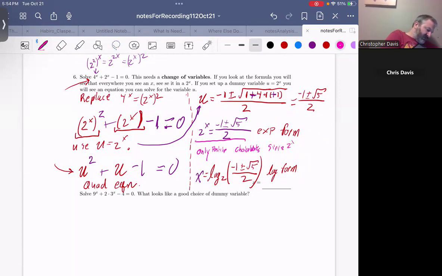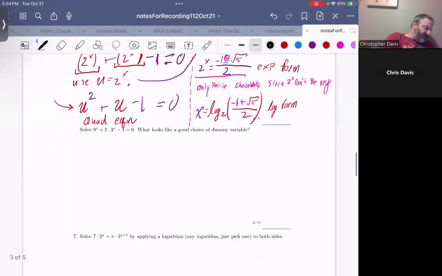Since 2 to the x can't be negative, I'll go ahead and just indicate that it has to be the plus choice. So x was log base 2 of negative 1 plus the square root of 5 over 2. Very nice.